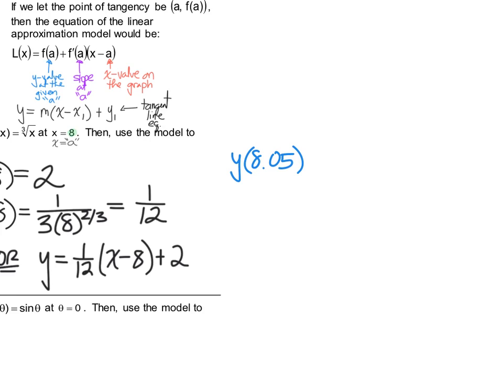If they didn't give us the 8 for the first one, for the 8.05, I would use 8. And then I would do the whole thing again using 27. All right, so these are my two calculations.